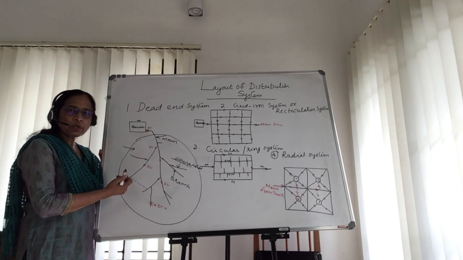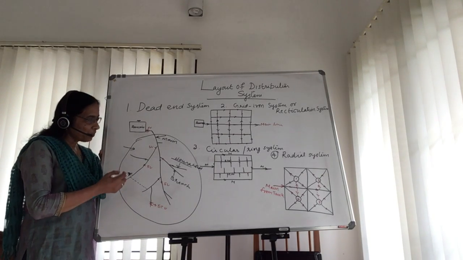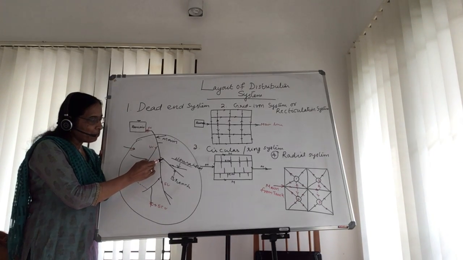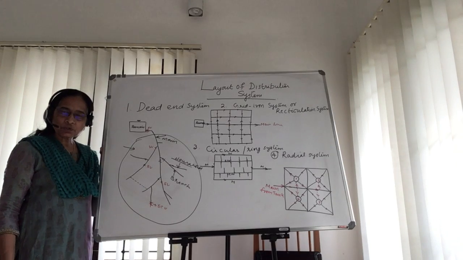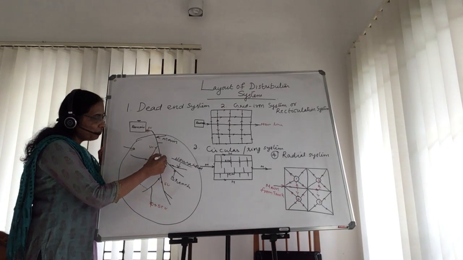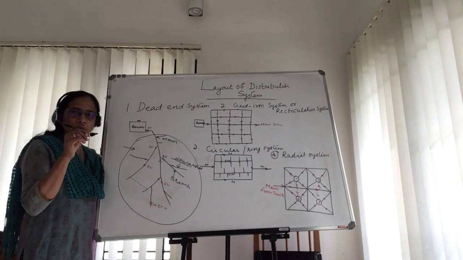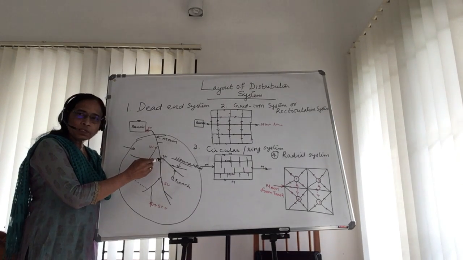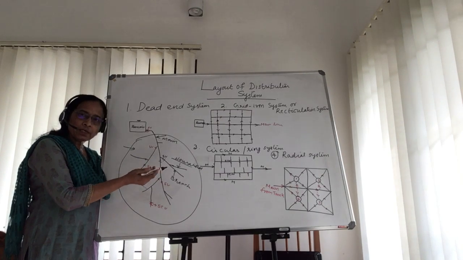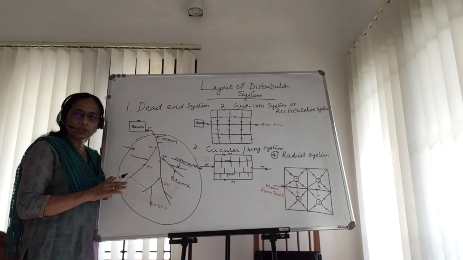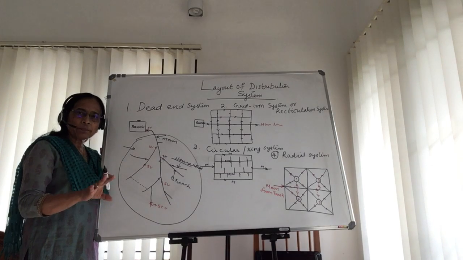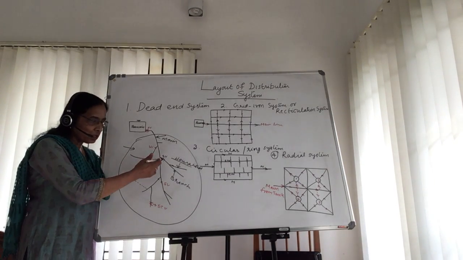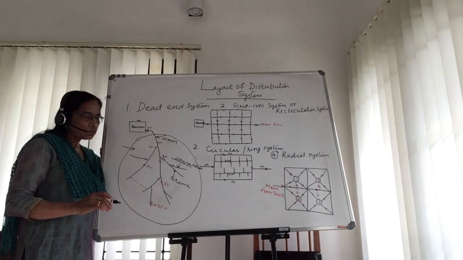Now what is the peculiarity of this system? Here you can see that all the lines are provided with sluice valves. So this is a sluice valve. All these lines you have to start with a sluice valve, so that you can control the supply through the line, or you can increase or decrease the quantity of flow, or you can close the supply at any time, or during repairs you can completely close down that system.